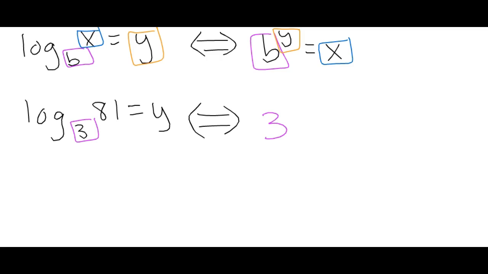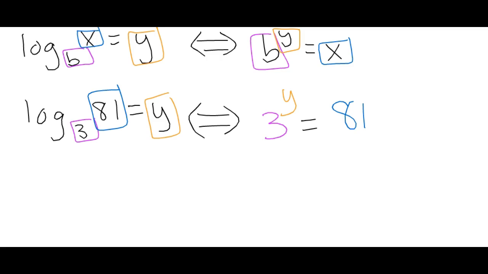The 3 comes first. In our exponential format, y actually comes next. And in this case, it is the letter y, so 3 to the y. And then last is the x spot. Well, the x spot is this 81. So we're trying to figure out the problem, 3 to the y equals 81.